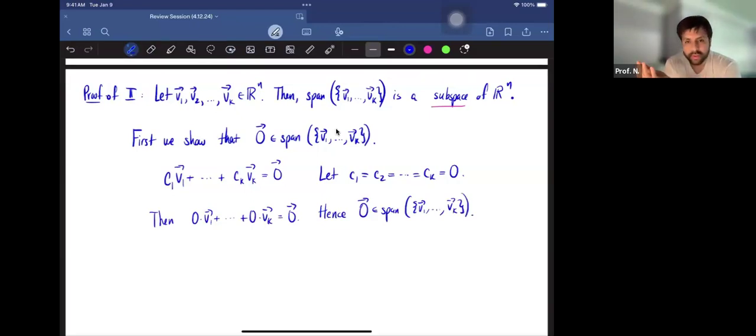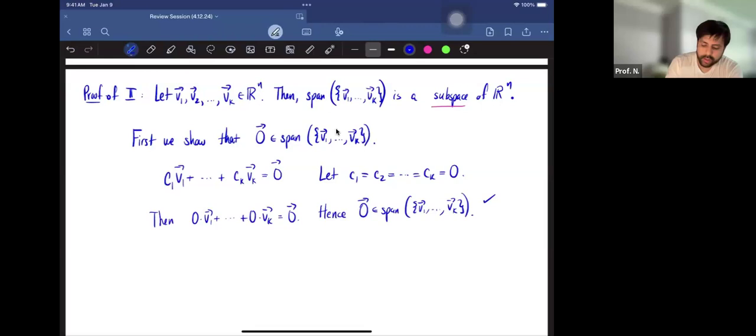I showed that because I was able to express 0 as a linear combination of v1 through vk. It was very simple to do that: just make all the coefficients 0. So that's the first phase.